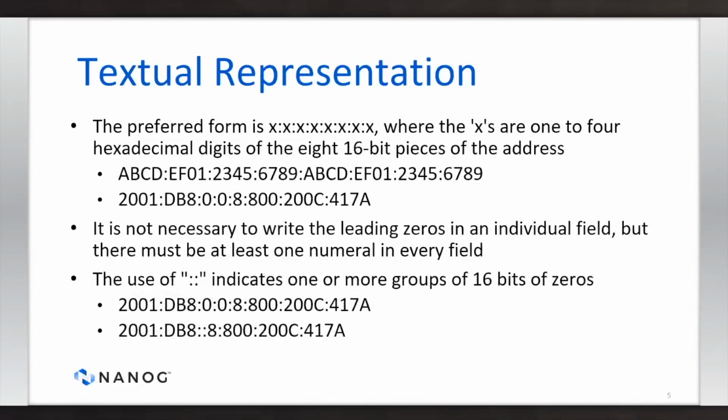For instance, you have something like 2001:DB8:0:0:8:800:200C:417A. Well, you can compress those two zero fields with two colons. So 2001:DB8::8:800:200C:417A is exactly the same address as the one above it.